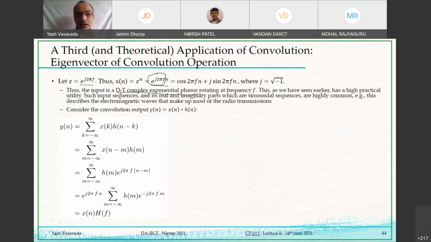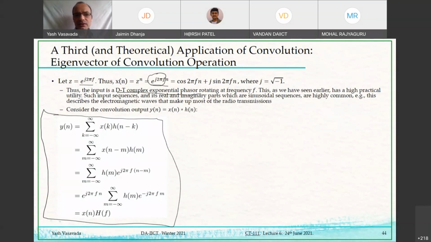And so if we think of complex exponential as z to the power n, then what we saw earlier on the previous slide applies right away, which is what this entire derivation is. It's a repeat of what we already did on the previous slide. Okay, nothing new here. The only thing is that instead of z to the power n, I am making it exponent of j2 pi fn.